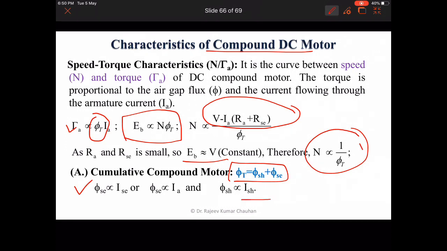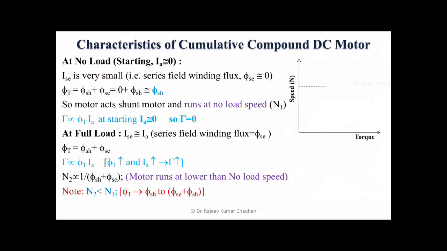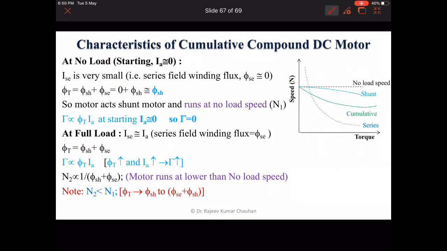At the no load starting point, IA is approximately 0, meaning a very small current is flowing. So ISE is very small, so the series field winding flux phi SE is equal to 0. So for the cumulative motor, phi t is equal to phi SH.